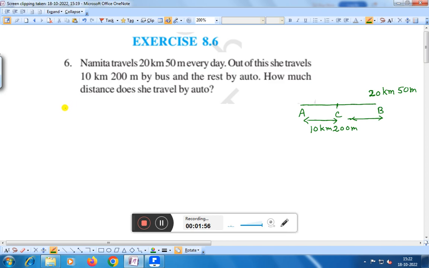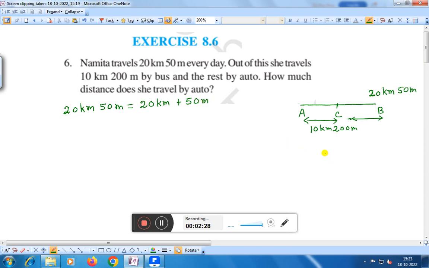We are solving like 20 kilometer 50 meter. We'll change this into one unit, that is into kilometer. Therefore 20 kilometer plus 50 meter.